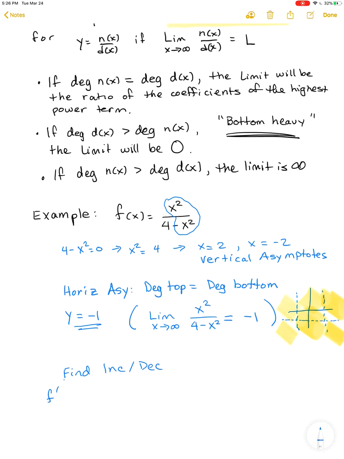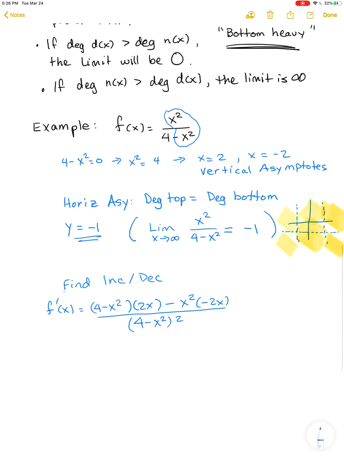So we need the derivative, and that'll be found using the quotient rule. We've got the bottom times the derivative of the top minus the top times the derivative of the bottom all over the bottom squared. Let's multiply it out.